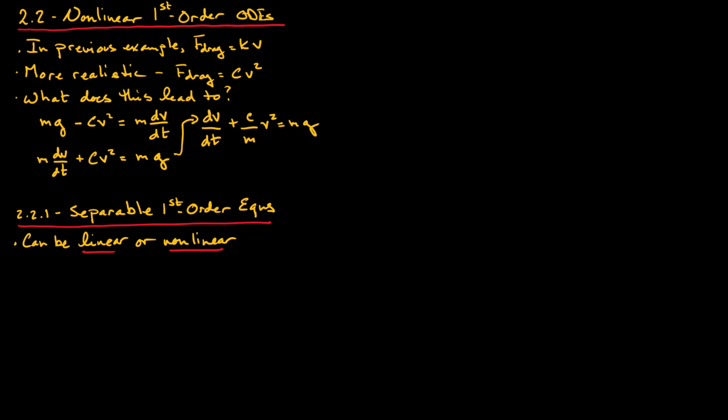Recall that the integrating factor method applies only to first-order linear equations. However, we have a pesky term over here, which is nonlinear. So we need a new method to solve this more accurate form of a free-falling body.